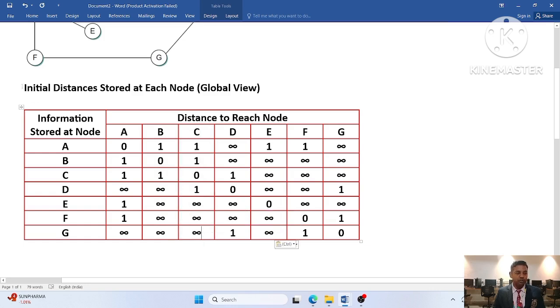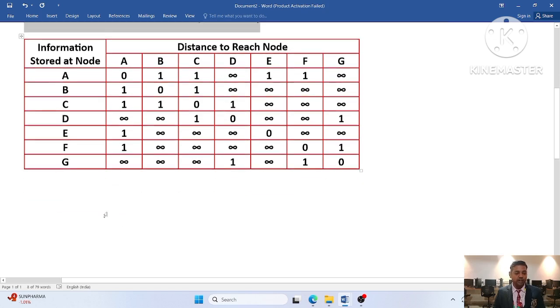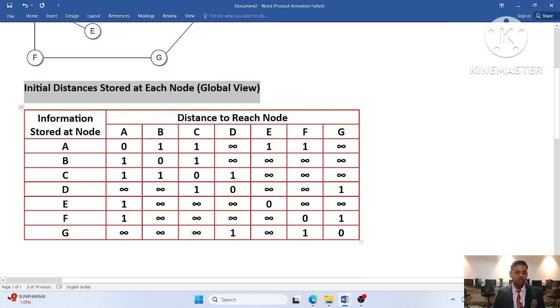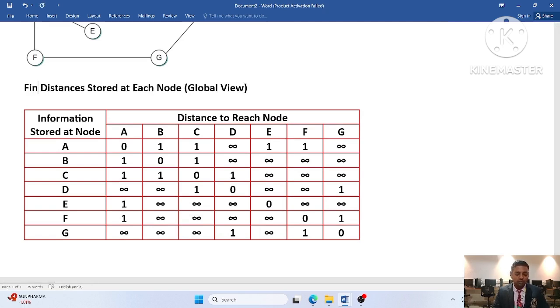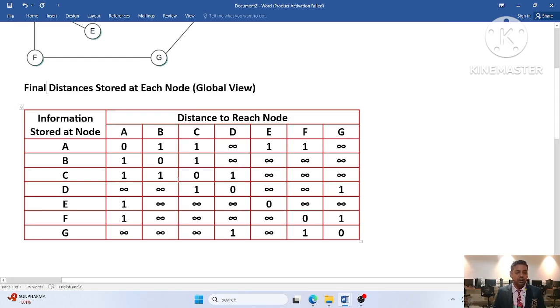So what do we have to do? Next we have to construct the final routing table. So how to construct the final routing table? We have to update the values. Wherever we have infinity, these infinities have to be replaced by the values now.